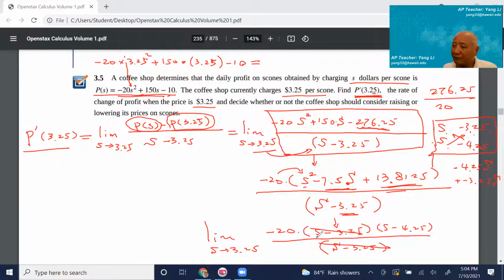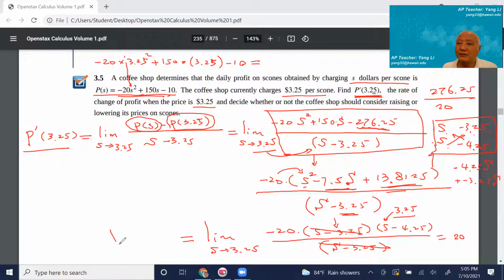We should have a factor of s minus 3.25 to cancel the denominator, to make it removable, okay? So when you got this, you simply plug in 3.25 now, right? So this one minus this one, 3.25 minus 4.25 is -1. -1 times -20 is a positive 20.